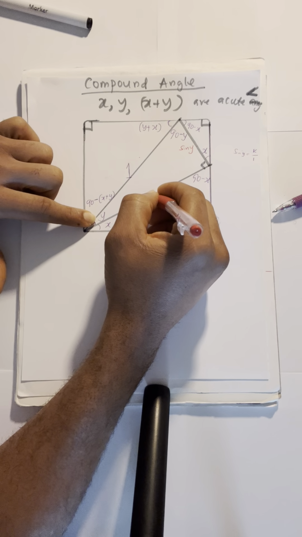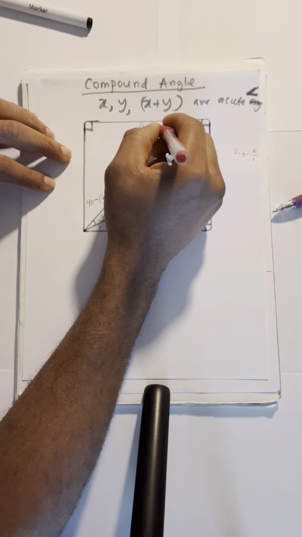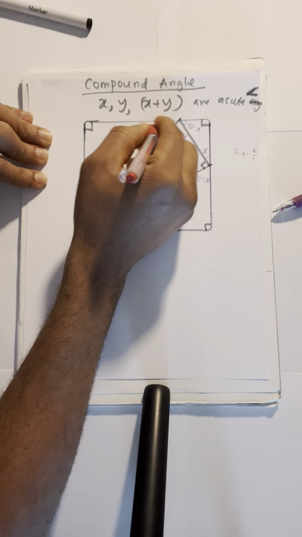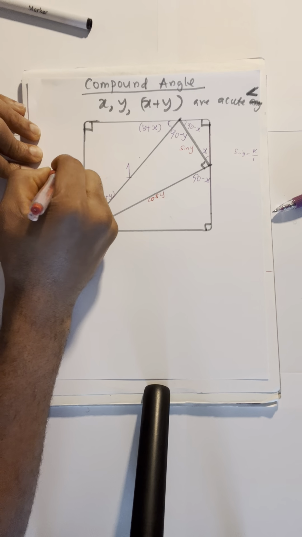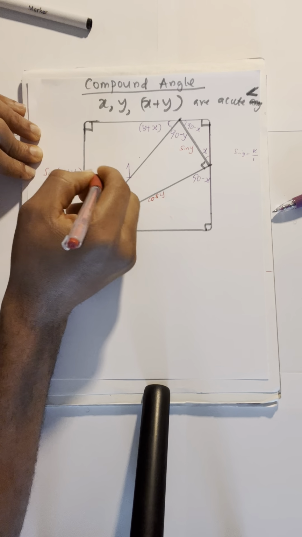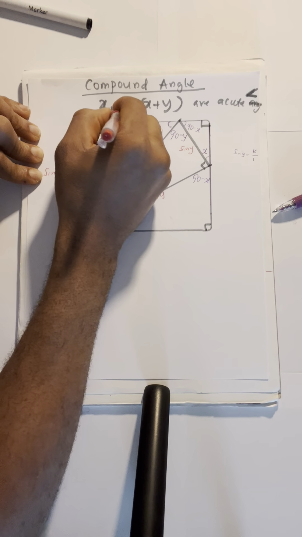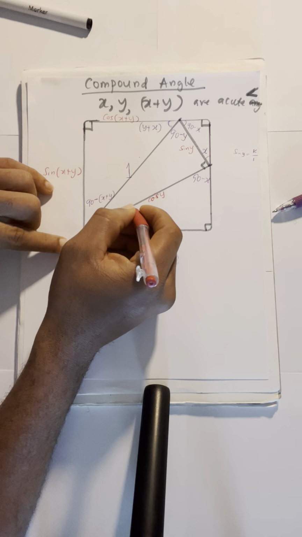Now, opposite over hypotenuse with respect to this angle, here will be sine x plus y. And from here to here will be cos x plus y.